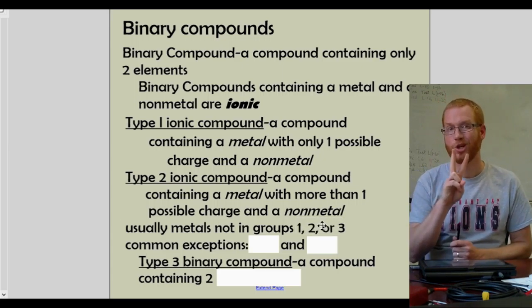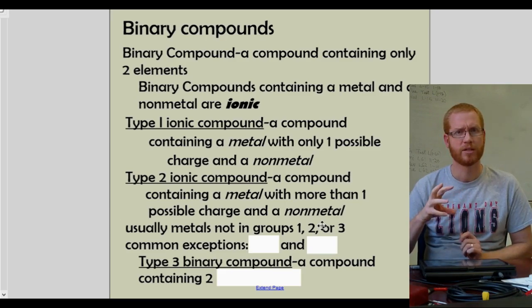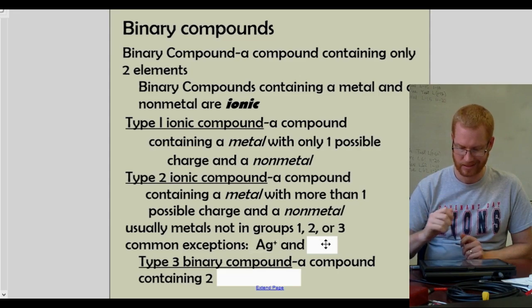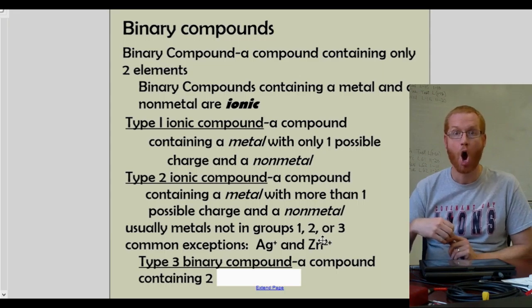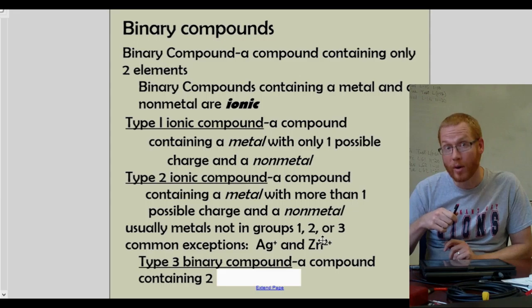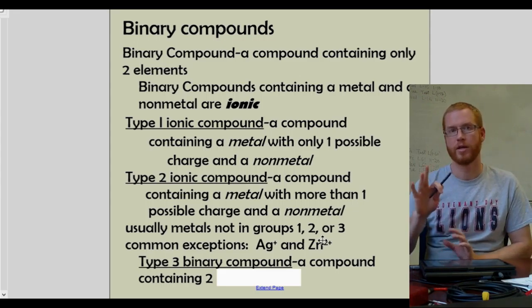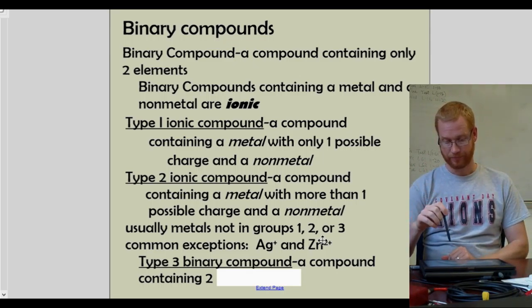Now there are two elements that you really have to watch out for. There are several transition metals that do only have one charge, but there are two that show up pretty significantly and often. Those two are silver and zinc. Silver is always +1. Zinc is always +2.